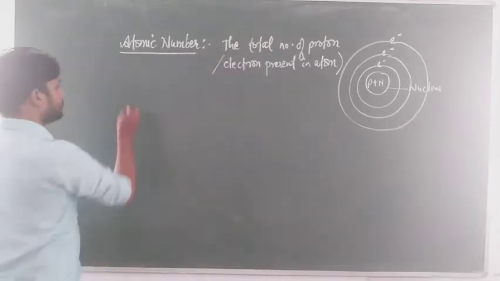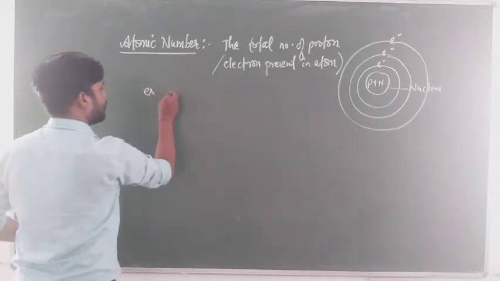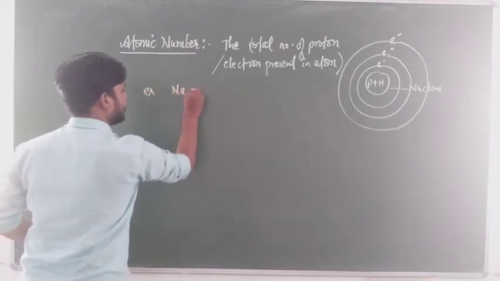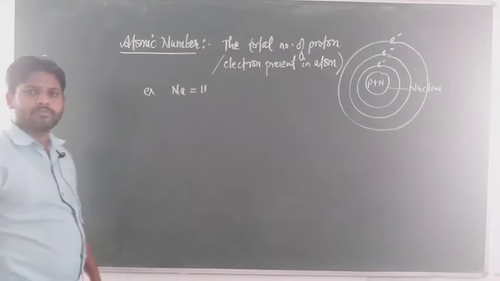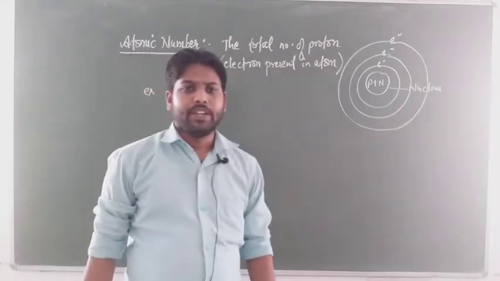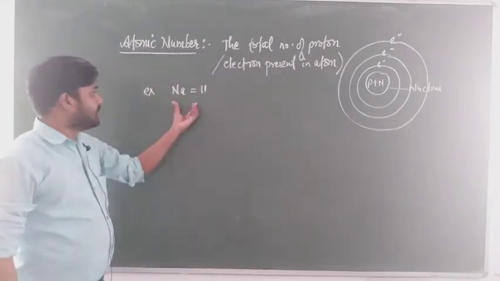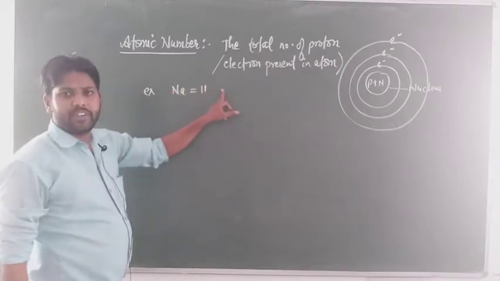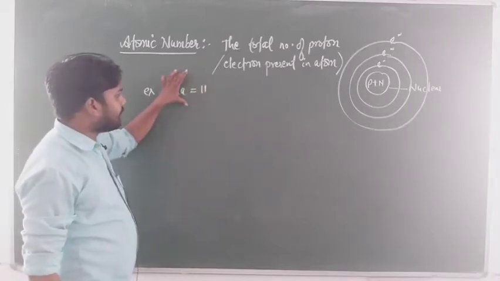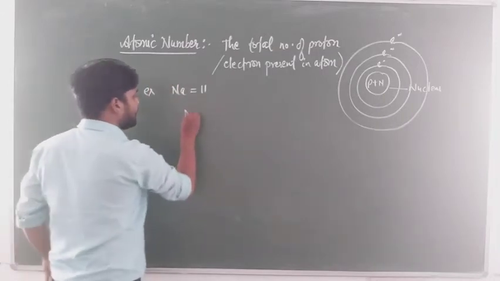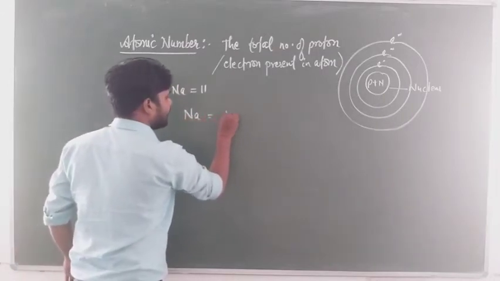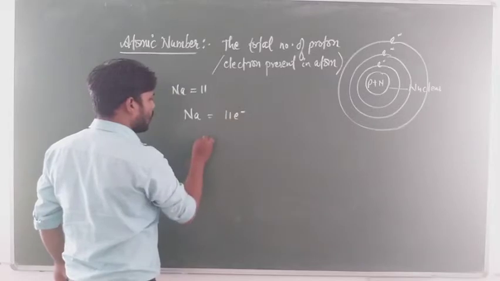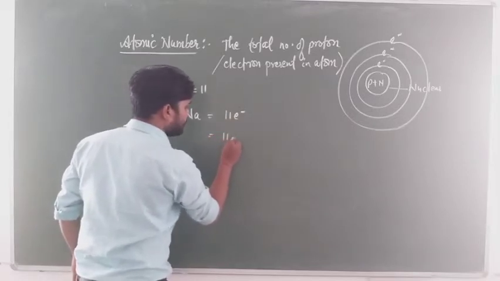For example, the atomic number of sodium is 11. It means sodium contains 11 electrons and 11 protons.